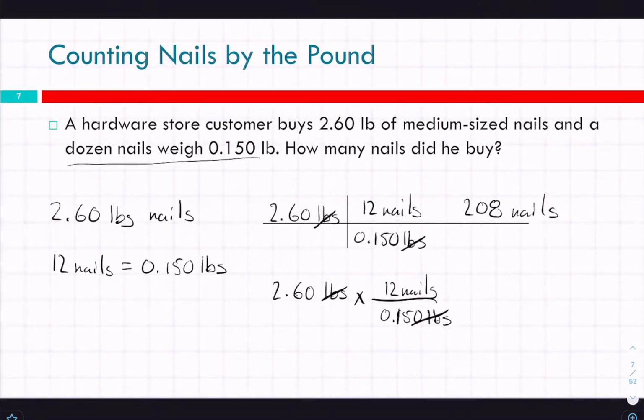So we had this example of 2.6 pounds of medium-sized nails, where a dozen weighed 0.15 pounds. And we were able to calculate, and this is the new format that we're going to start using for our unit conversions, that 2.60 pounds of nails is 208 nails.